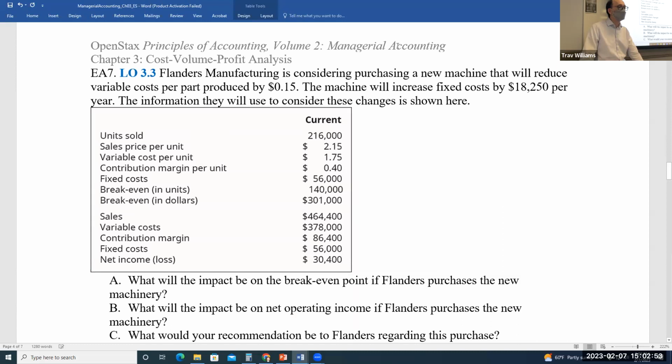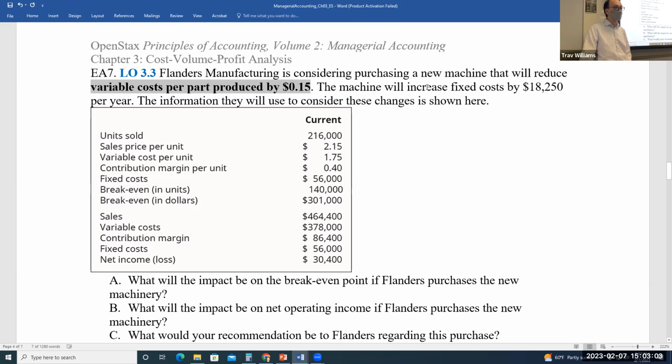Okay, number 7, purchasing a new machine. This new machine is going to reduce variable costs by 15 cents per unit, but it's going to increase our fixed costs. So sometimes companies invest in automation, equipment, something that's going to help them be hopefully more profitable.